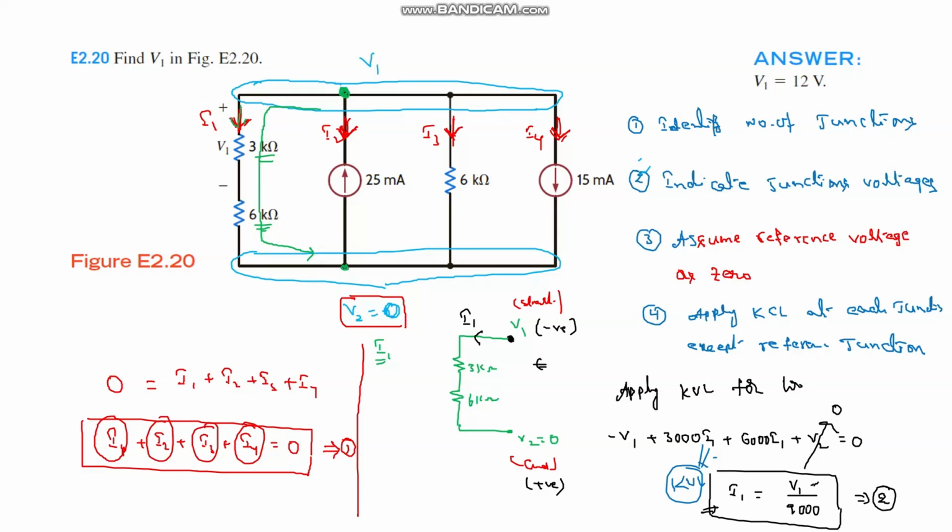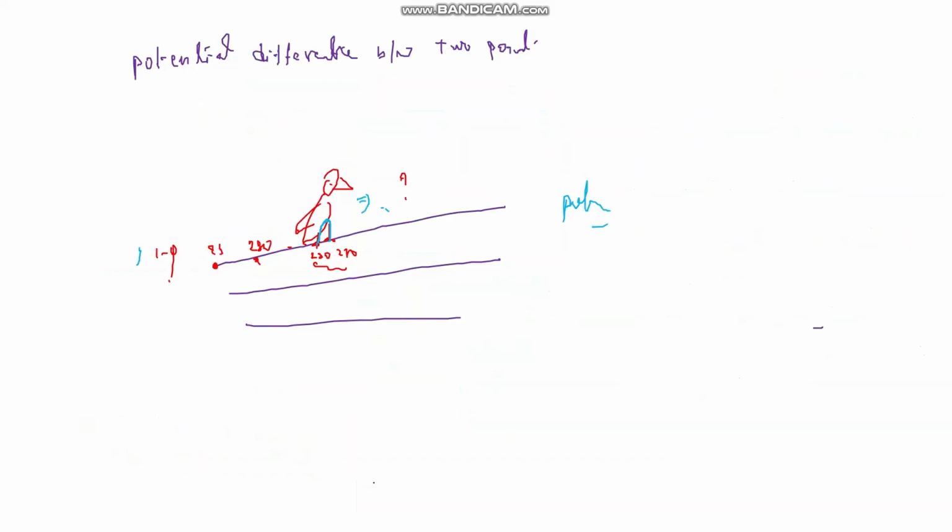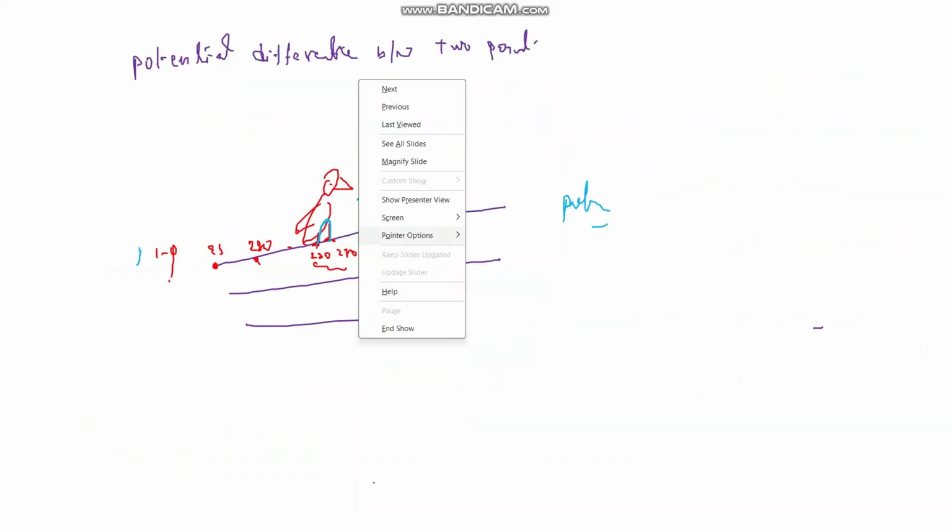Clear? Similarly, we have to write equations for I2, I3 and I4. Now I2. Here I2 starts from V1 and ends at V2 through a current source of 25 milliamps. Let me draw. This is for I2.